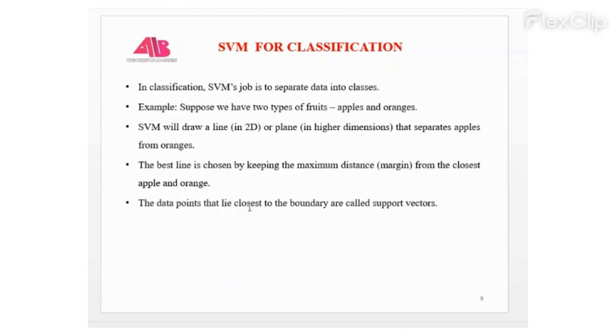The best line is the one that leaves the biggest possible gap between itself and the nearest apples and the nearest oranges. The closest points are called support vectors and they decide where the line should be. So in short, this SVM is used to find a clean line that separates the two groups as clearly as possible.